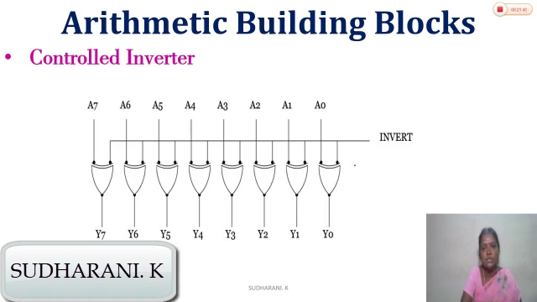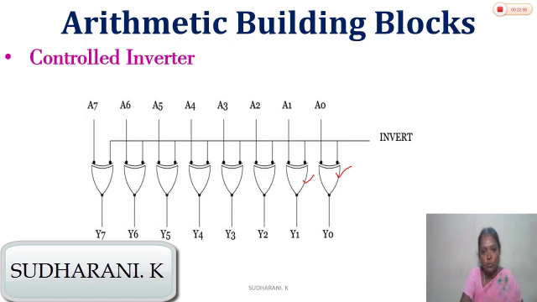So the output of the exclusive OR gate, if we consider the first exclusive OR gate, will be A0 or A0 complement. If we consider the second exclusive OR gate, the output will be either A1 or A1 complement. This is true for the remaining inputs.